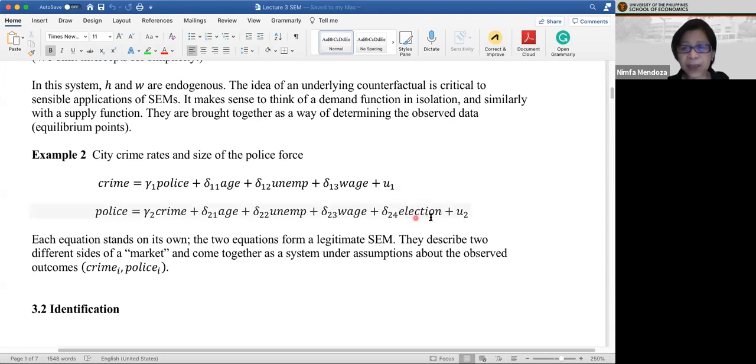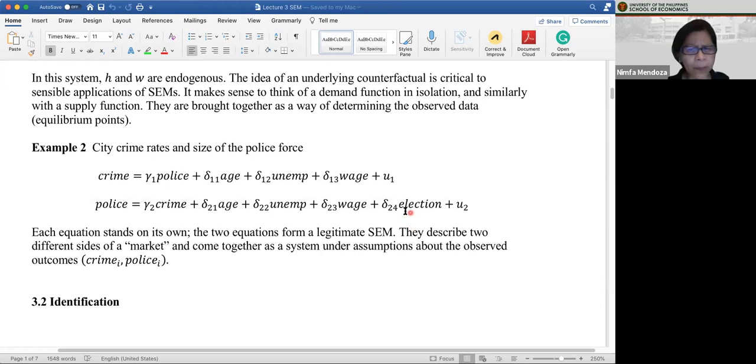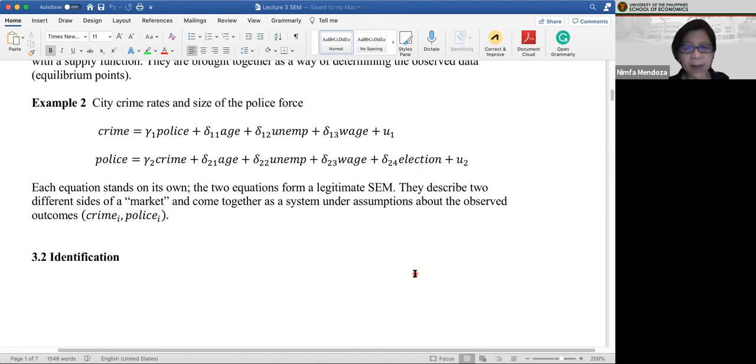And we have this other variable, election. Okay, this would be, I guess it depends on the unit of observation, if it is for an election year. Okay.